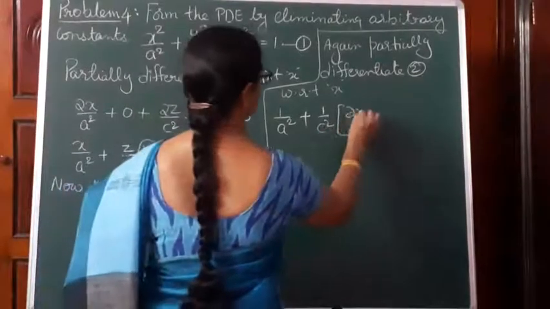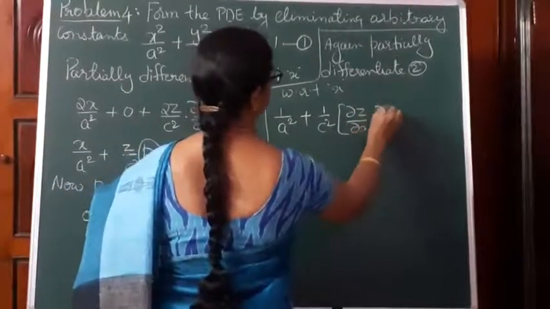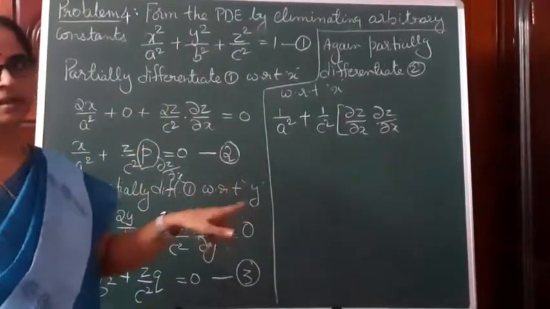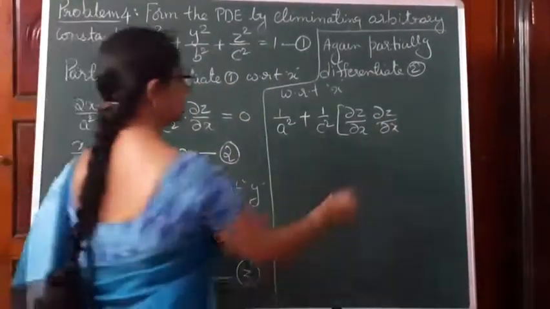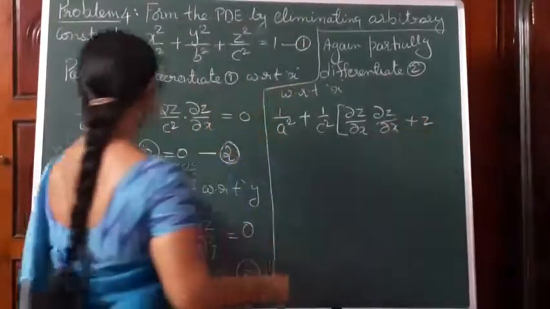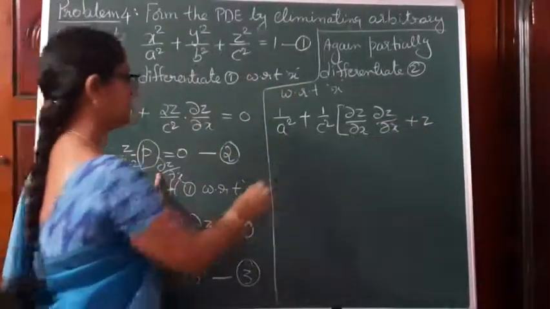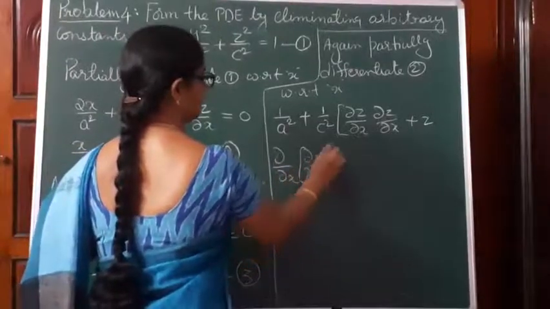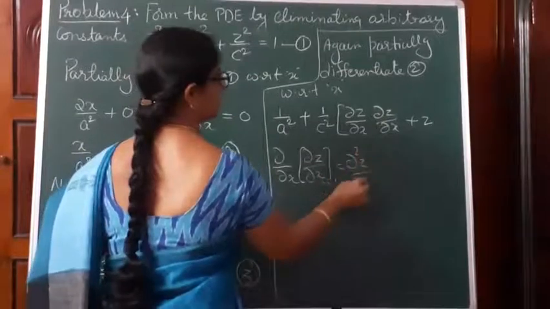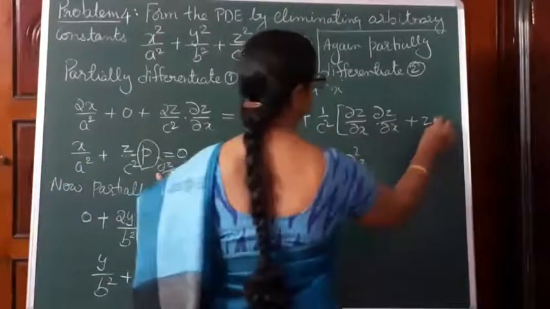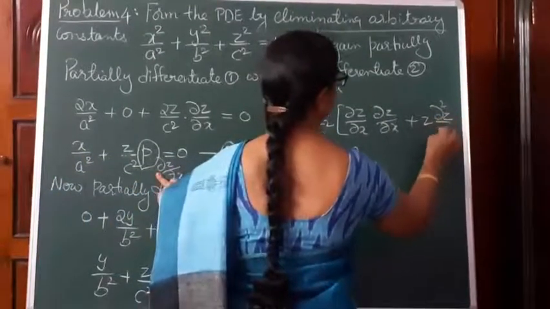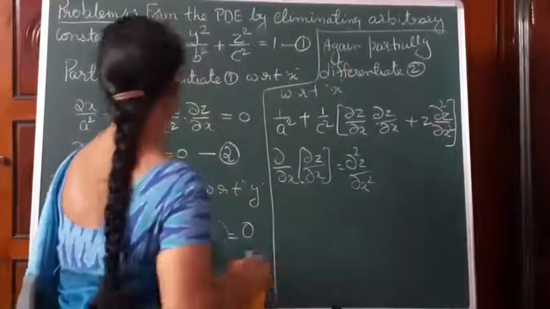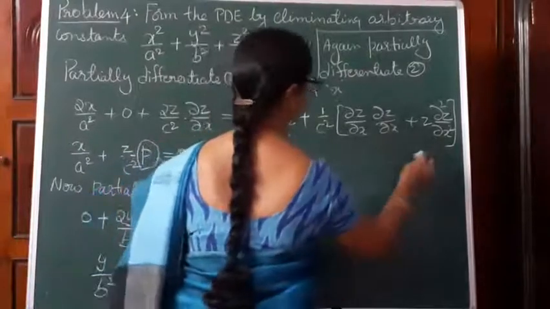Derivative of z is dou z by dou x into dou z by dou x. Derivative of u v is u dash v plus u v dash, plus z into the derivative of dou z by dou x with respect to x. That means dou by dou x of dou z by dou x. What is dou by dou x of dou z by dou x? It is dou square z by dou x square. So here we get dou square z by dou x square, equal to 0 because the right hand side is 0.